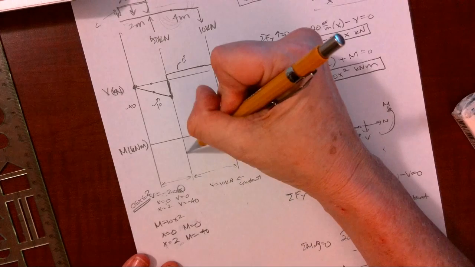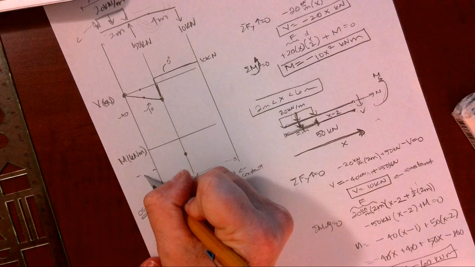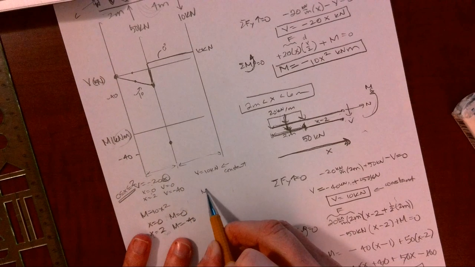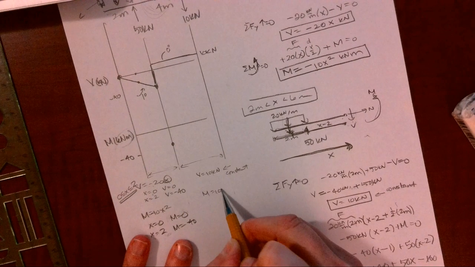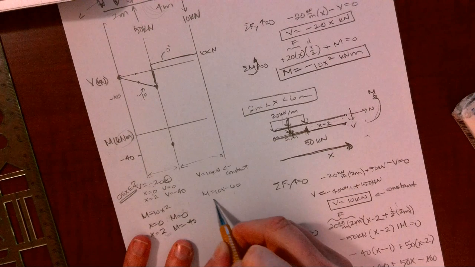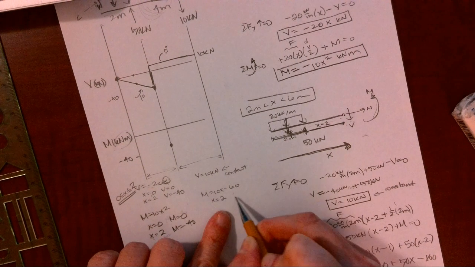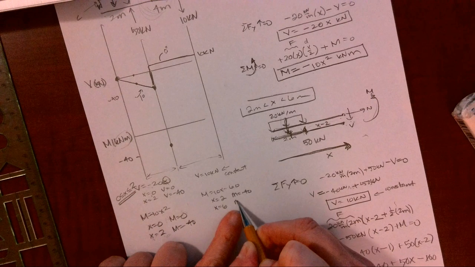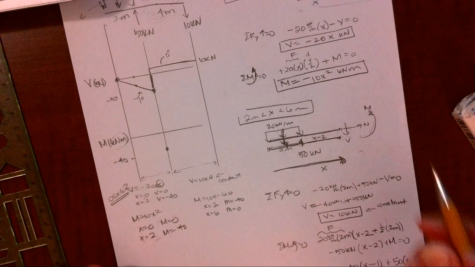Negative is below. I've got my units on here already. Now over here, our moment equals 10x minus 60. When x equals 2, our moment equals negative 40. When x equals 6, our moment equals 0. So we are starting at negative 40. We're coming up to 0.